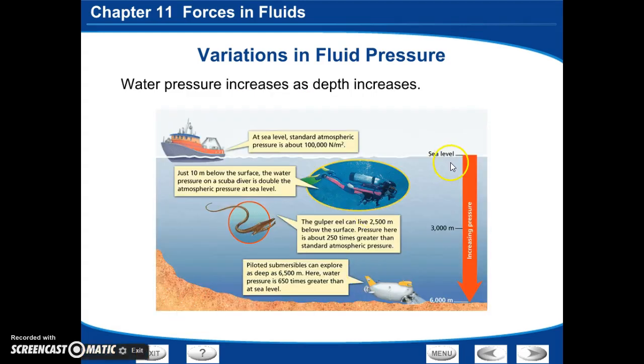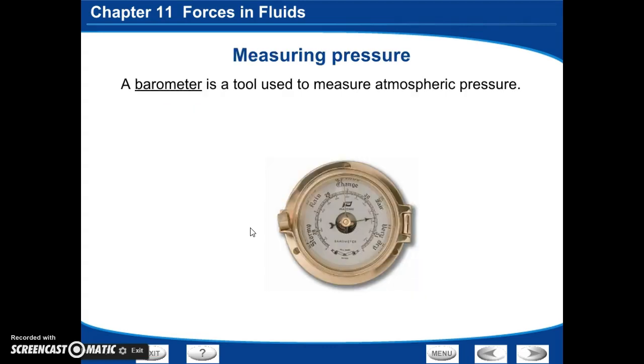Now, as you go down from sea level into the ocean, pressure increases, because now you not only have the atmospheric pressure pushing on you, but you also have the pressure of the surrounding water pushing on you. That's why there's a limitation to where people can go versus where we can send machines, or even where some fish can survive. A barometer is used to measure atmospheric pressure.